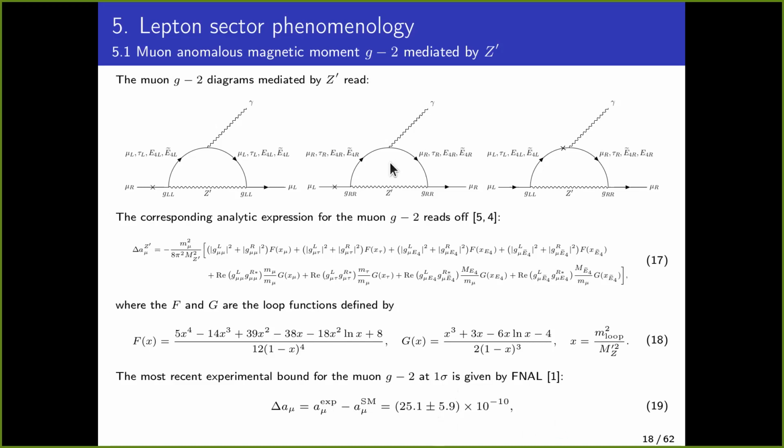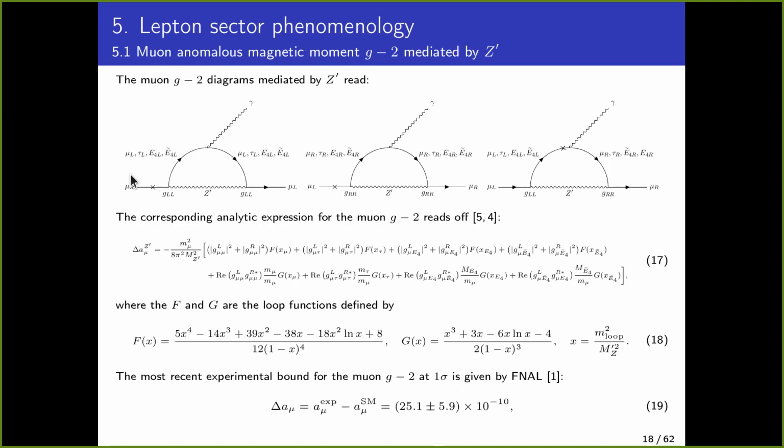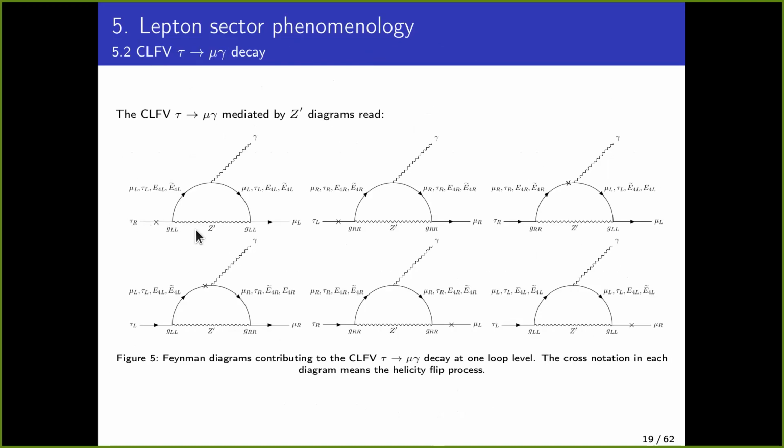We can also access the charged lepton flavor violating decay, tau to mu gamma. If you substitute one of the external legs, for example the left external leg, by the tau, then we can have tau to mu gamma. I counted all the polarized diagrams, and the analytic expression takes this form.